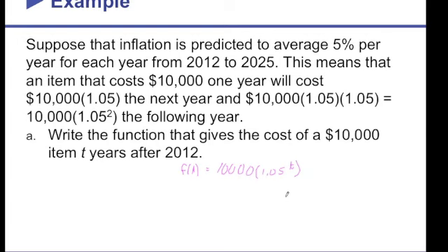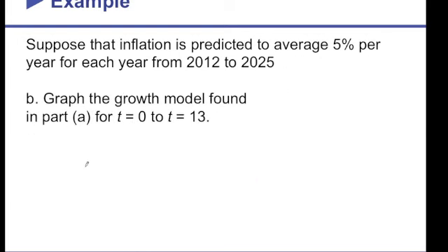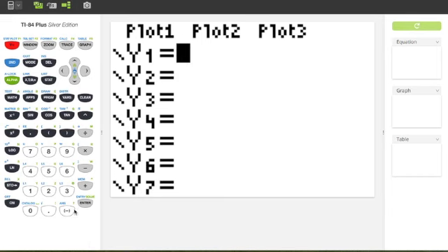That becomes our equation. Next, they asked us to graph the growth model from t equals 0 to t equals 13. Since we're starting with 10,000 for y, we'll go to 20,000. We need to graph this equation.